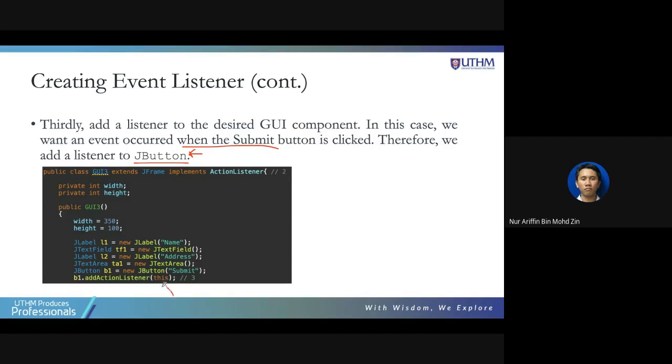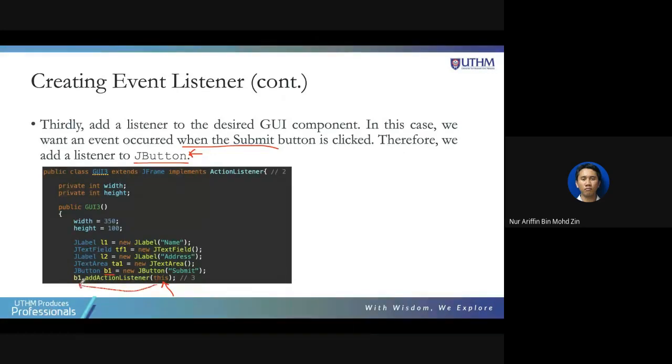Look at number 3 over here. We put B1. What is B1? B1 is the button, JButton B1. We create an instance of JButton named B1, and then B1.addActionListener. We call this function addActionListener, and inside the brackets we put this.